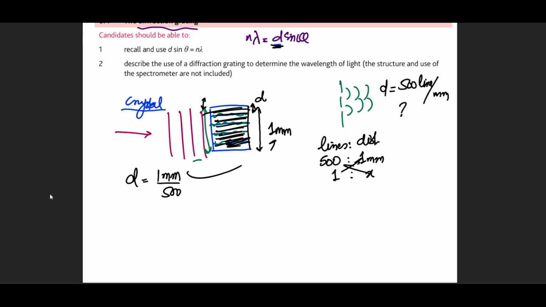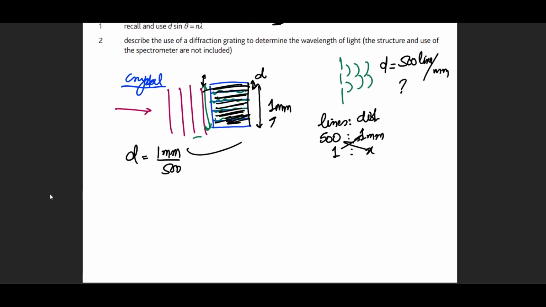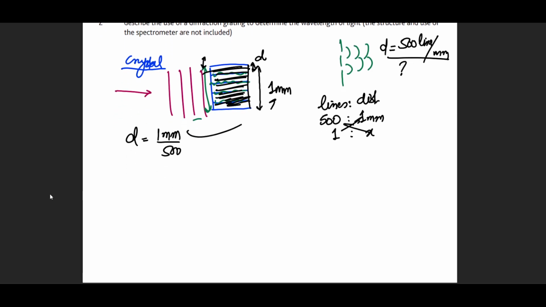My general recommendation to students is that when you find this is what's given to you, simply take the reciprocal. If you had been given, let's say, 2500 lines per millimeter, simply take 1 times 10 to the power minus 3 and divide it by 2500. This ought to solve the questions very quickly. All right, so this is the first thing.